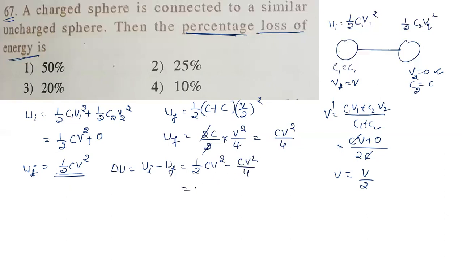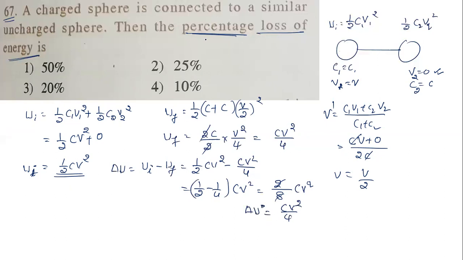What is common here? CV square is common. It is 1 by 2 minus 1 by 4 into CV square. What do we get here now? 4 minus 2, it is 2 by 8 into CV square. You get CV square by 4. That is the loss of energy.